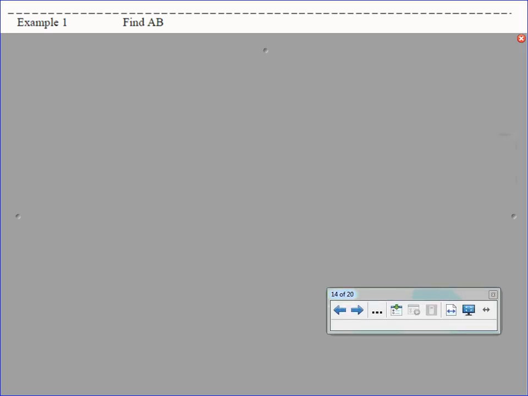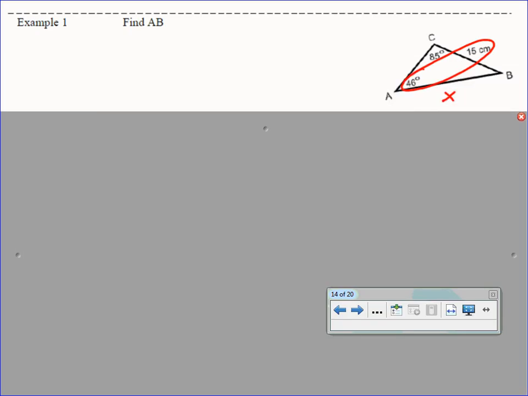So in our first example, we could find side length AB in the given triangle. Label that our unknown x by considering the presence of an opposite side angle pairing. Do we know an opposite side angle pairing? Certainly. We see that 15 centimeters is directly opposite the angle A, which measures 46 degrees.